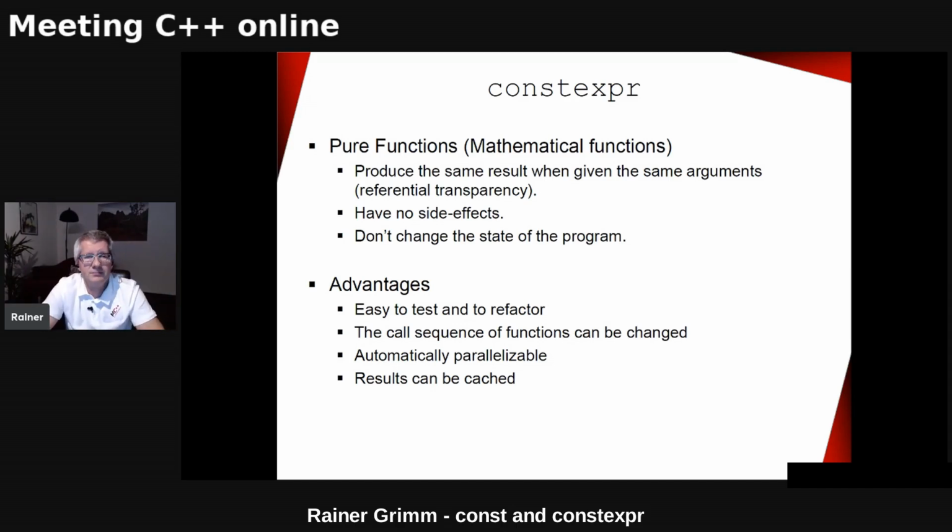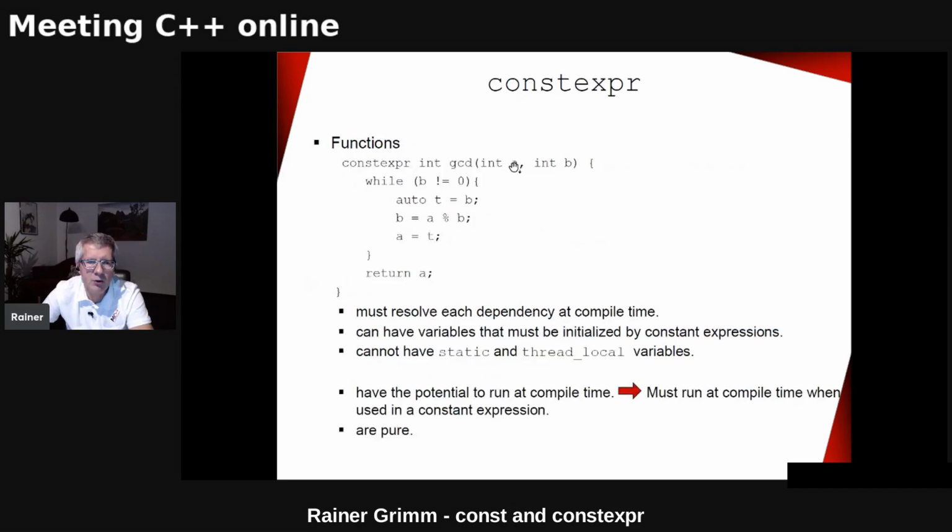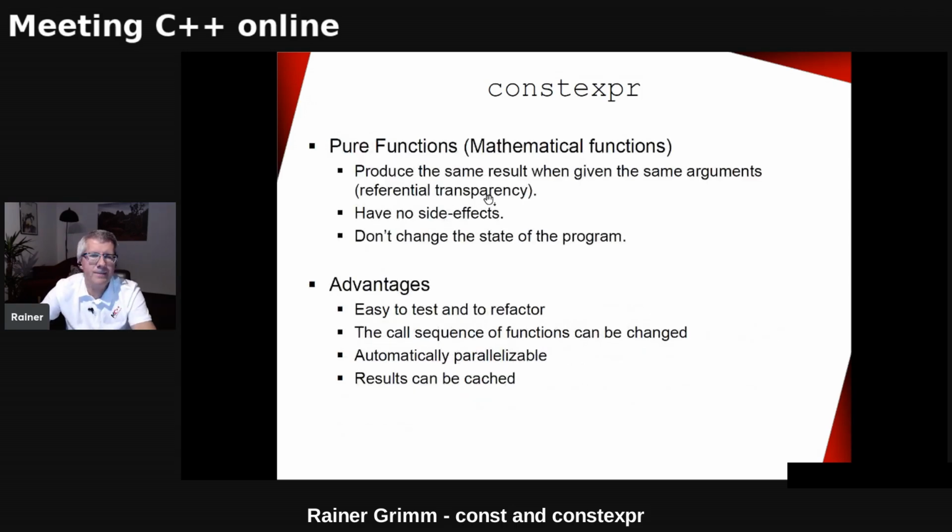Pure means such a function always produces the same result when given the same arguments. This means when you invoke it with 5 and 10, you always get back the same result, which is in this case 5. This property is called referential transparency.